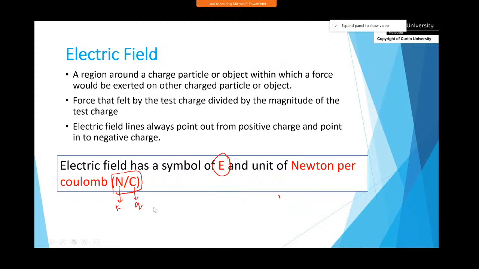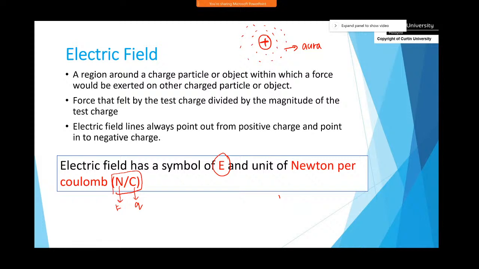So electric field is actually a region around a charged particle. Okay, so if you have a charged particle here, surrounding the charged particle, there is an electric field. So I usually call electric field the aura of the charge. Just like if you are a very handsome and very pretty person, you are releasing your aura to the surroundings.